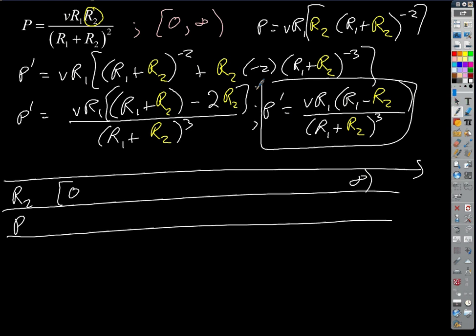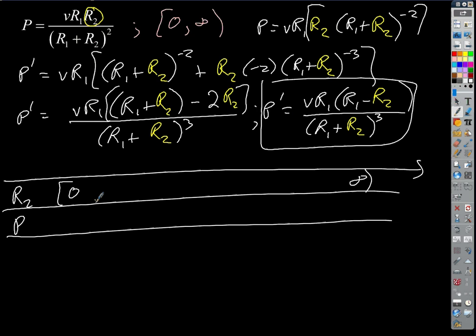Is it undefined anywhere? The only place it could be undefined would be where the denominator is 0, right? But that's not in our domain, right? Domain only includes positive values. So it's nowhere undefined, right? So the only critical number we get is where the numerator is 0. Okay, Landon, where's that? What you just said. Yeah.